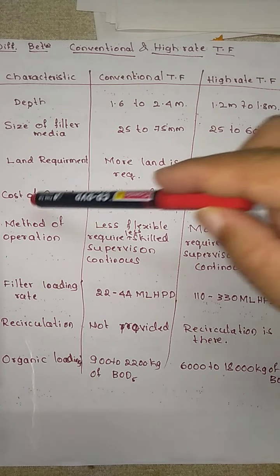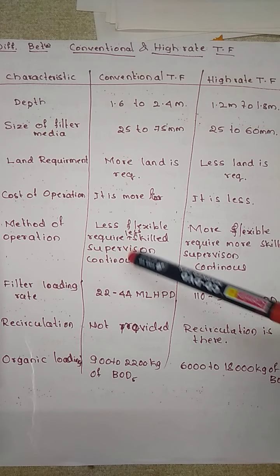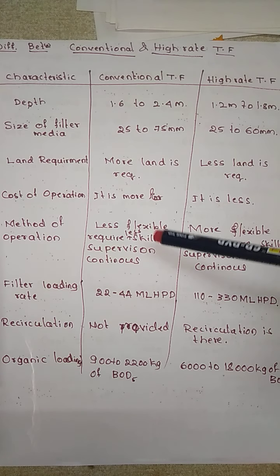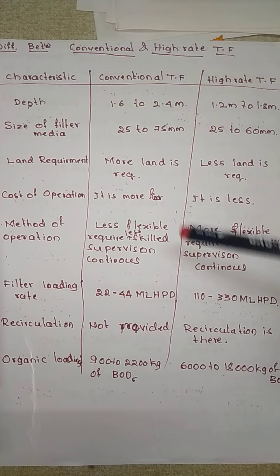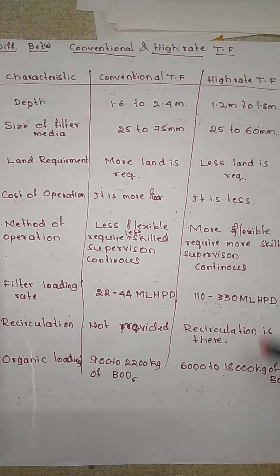The conventional trickling filter has less flexibility, and very little skilled supervision is required, whereas your high rate trickling filter is more flexible in operation, continuous in operation, and more skilled supervision is required.